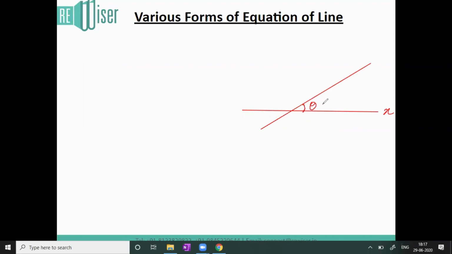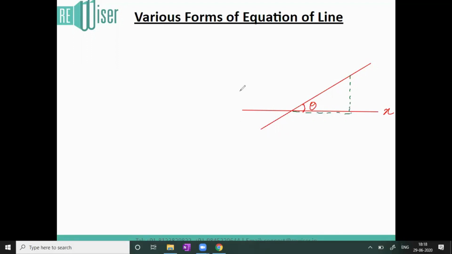Let's say just a point is given, or the intercept is given, or whatever it is. I know the angle, but I'm not sure what my slope is. So my next question is, using the angle, is it possible to find the slope of a line? And the answer is yes, we can do that. So how to do that?